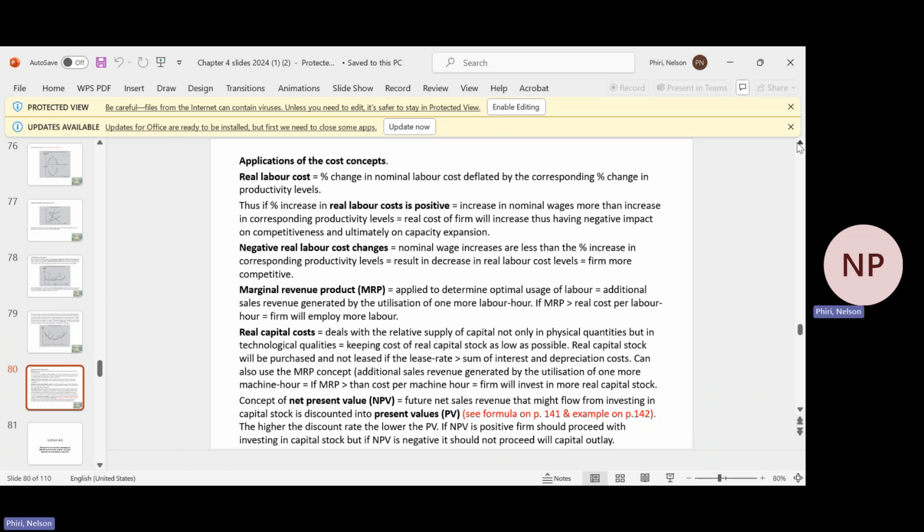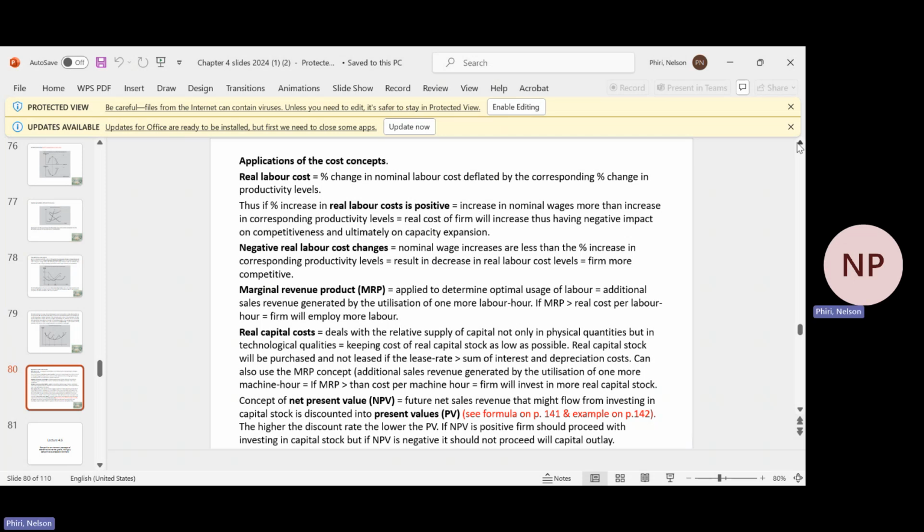Like the wages are increasing more than the productivity levels. Hence, this is a negative impact on the firm because the firm is paying more without a corresponding increase in productivity.